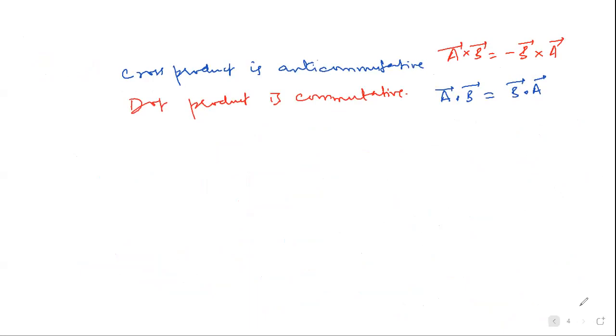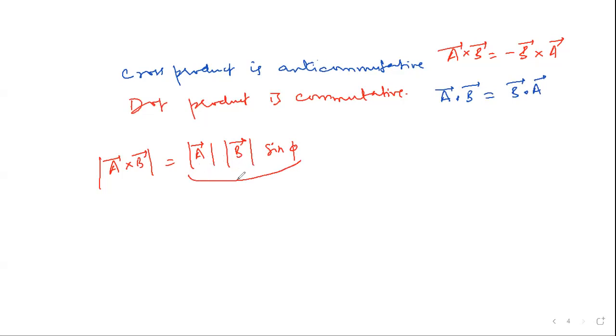Now another thing, if you look at the magnitude of A cross B, which is A B sine phi, what is it geometrically?